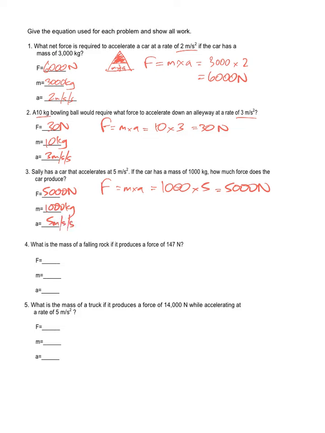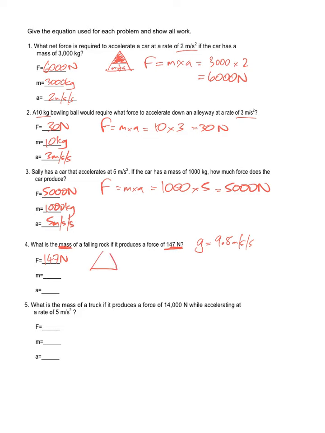What's the mass of a falling rock if it produces a force of 147 newtons? So here we know the force already. It's asking for the mass instead, and it looks like we're missing acceleration, but remember, anything falling on the surface of the Earth accelerates at the rate of gravity, which is 9.8 meters per second squared.